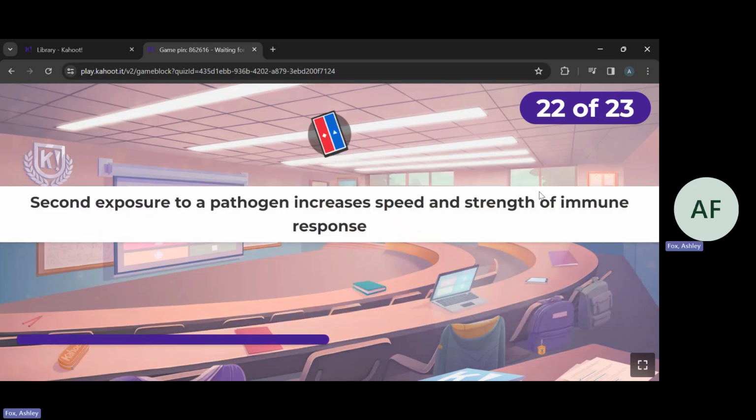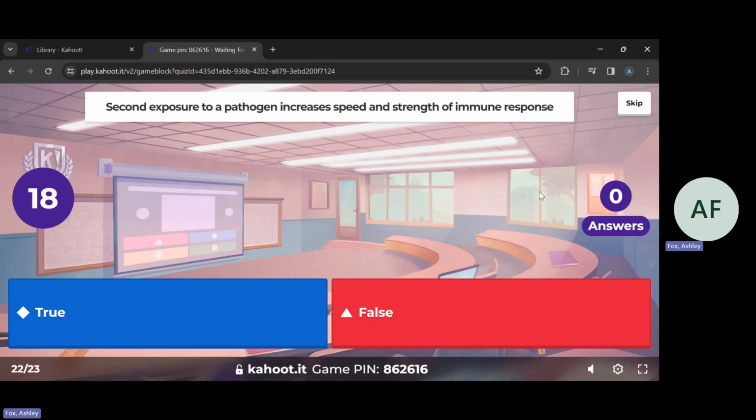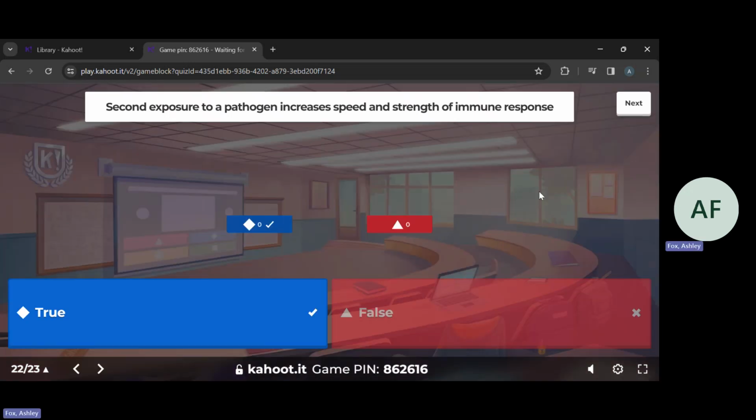True or false, second exposure to pathogen increases speed and strength of immune response. So this is true.